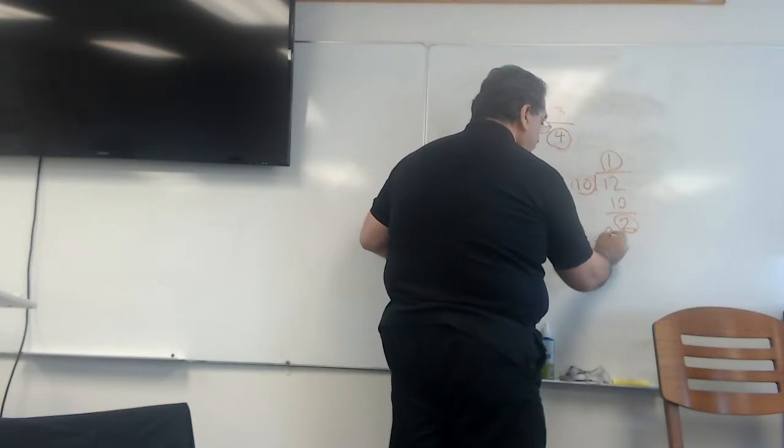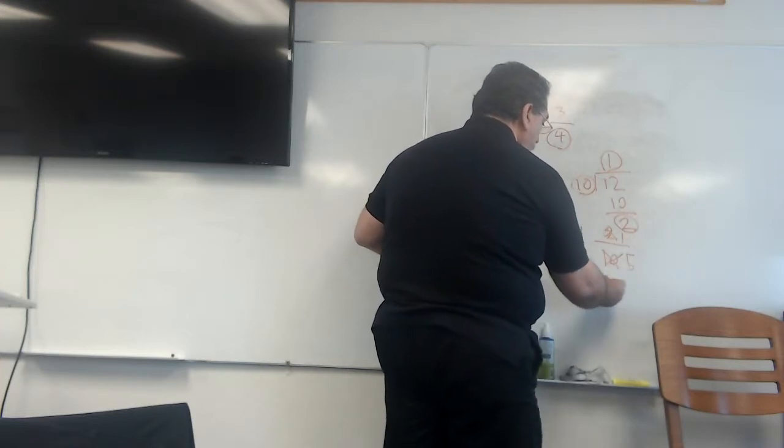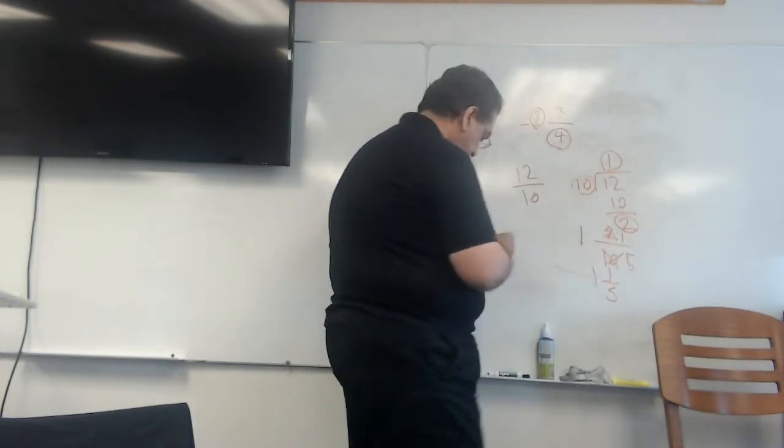But this can be simplified. 2 divided by 2 is 1, and 10 divided by 2 is 5, so it's 1 over 5.